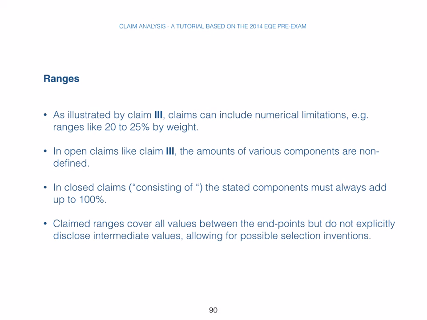In closed claims consisting of, the stated components must always add up to 100%. Note also that claimed ranges cover all values between the endpoints from the point of view of protection, but do not explicitly disclose intermediate values, allowing for possible selection inventions.